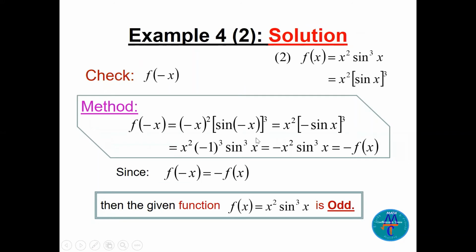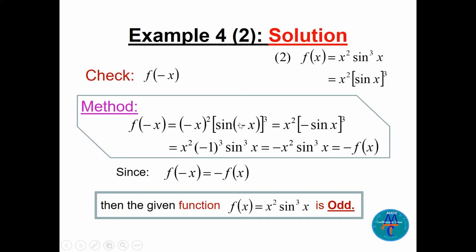Let's see the second one. Check f of minus x. As I mentioned before, sine cubed, you can put sine x all cubed, always, with any power or any function. Replace x by minus x, so you have minus x squared, sine of minus x all cubed.